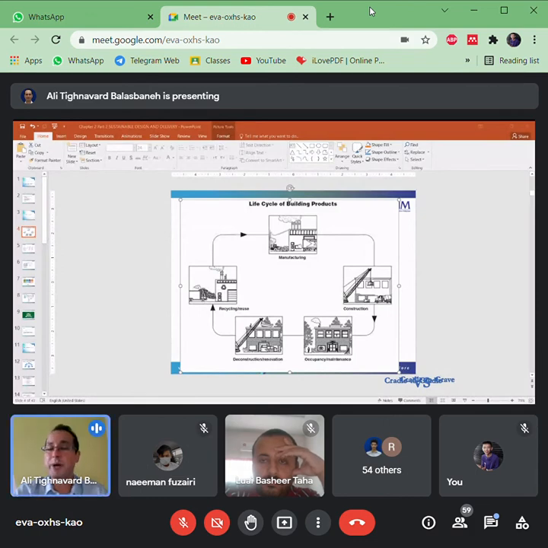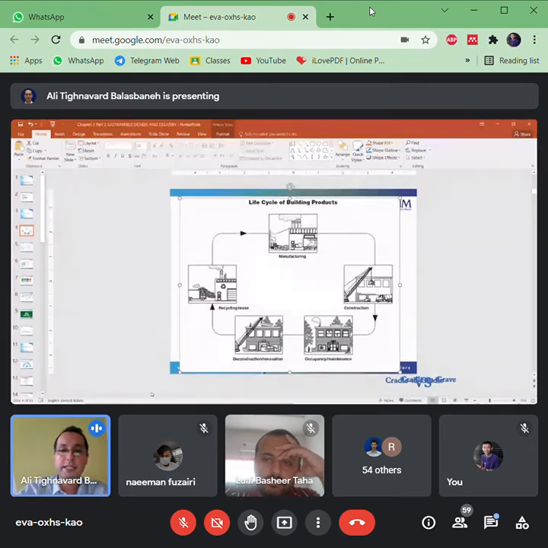Reduce. What do you mean by reduce? May I know? Because the building is already demolished after 100 years, you can make recycled material out of that. You can reuse some of them. What else? When you say reduce, how do we reduce in that stage? In this stage, after demolition, can we reduce anything?